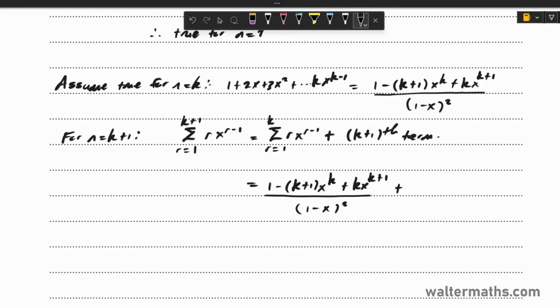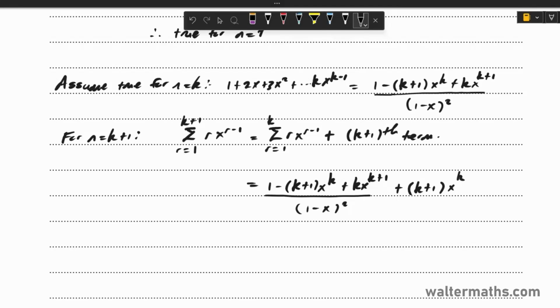The form of the terms in this series is r of x to the r minus 1, so substituting k plus 1 for r, that's (k plus 1) of x to the k plus 1 minus 1, which will be x to the k.